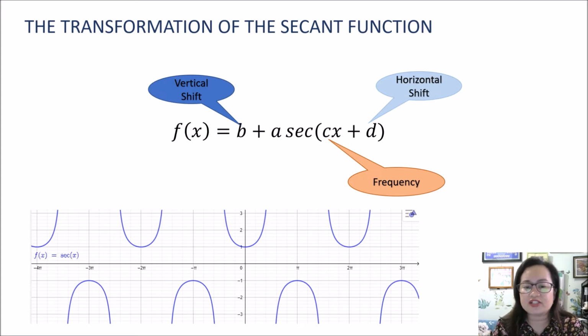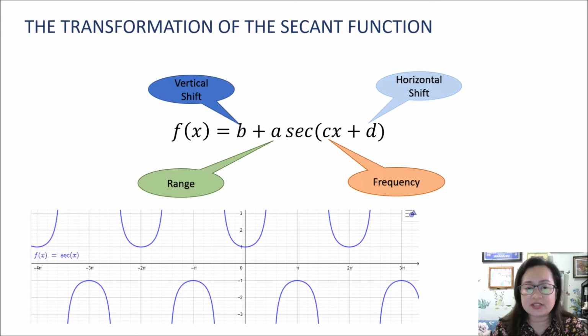To find the exact number of units of shift, we have to divide d by c. A here does not give us the range of the secant function. A here describes the range of the cosine function.